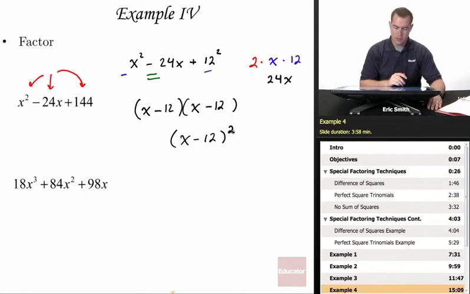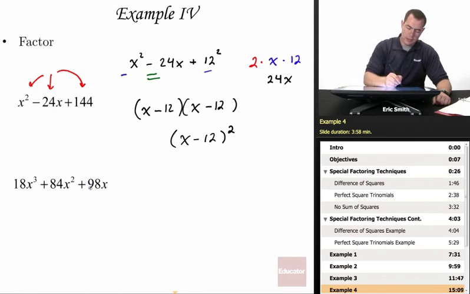18x cubed plus 84x squared plus 98. Okay, that's quite a big one. Well, in order to tackle this one, we definitely want to comb it over for any common factors. And one thing that I can see is, one, they're all divisible by 2, so that'll help break it down quite a bit. And everything has an x in common.